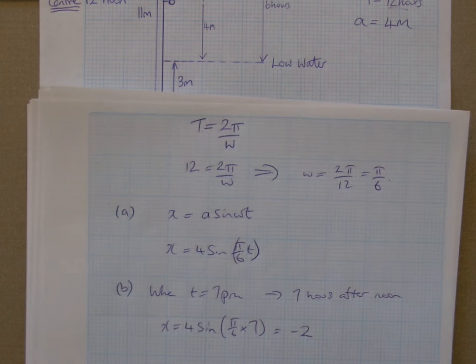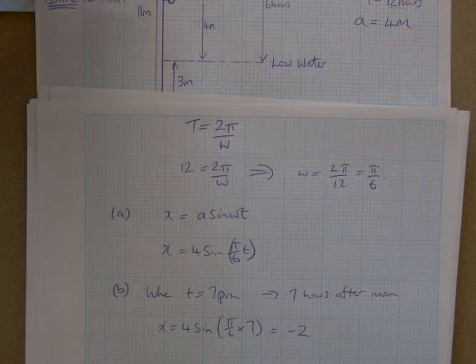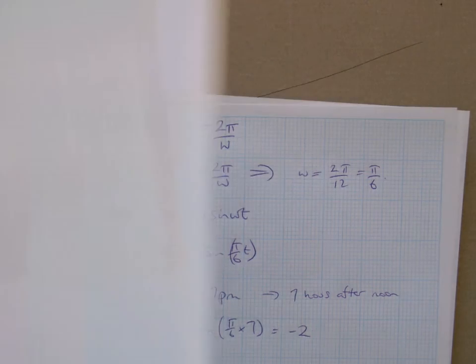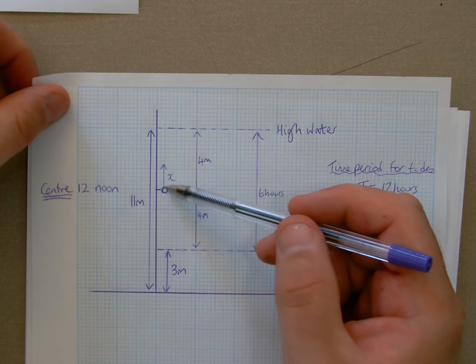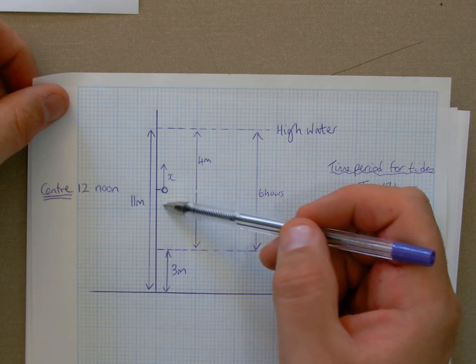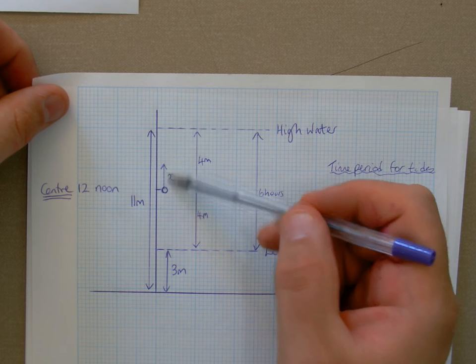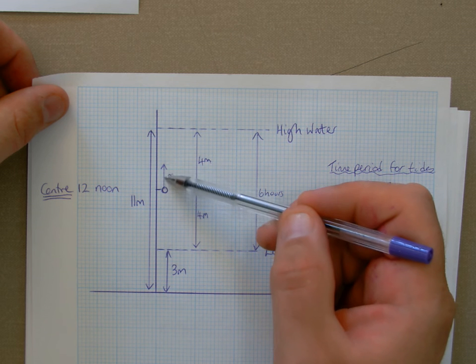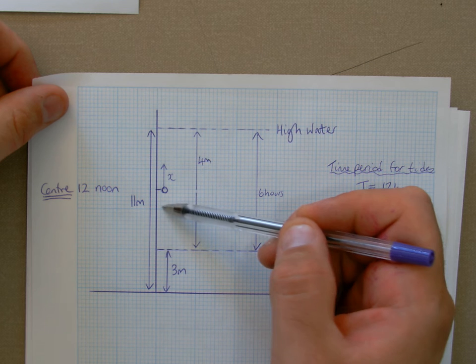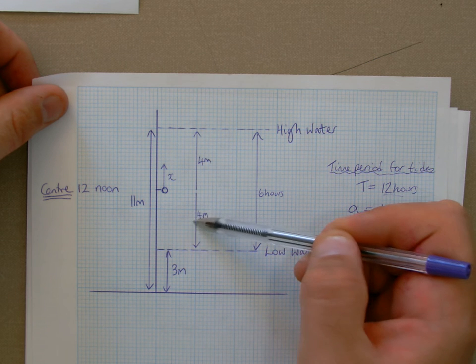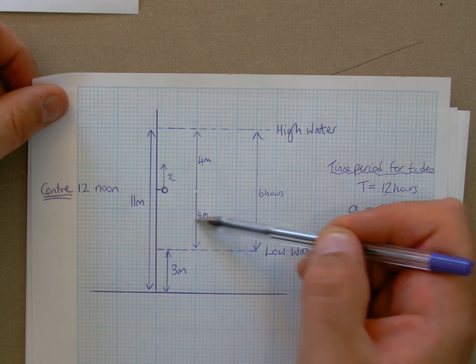Now that's okay, we can have negative. What that is saying, if we go back to our initial diagram, is that we're going to be down here, because I've got x going up. That's the direction of increasing x. So when t is 7, x is minus 2. So we're going to be here, half of this.